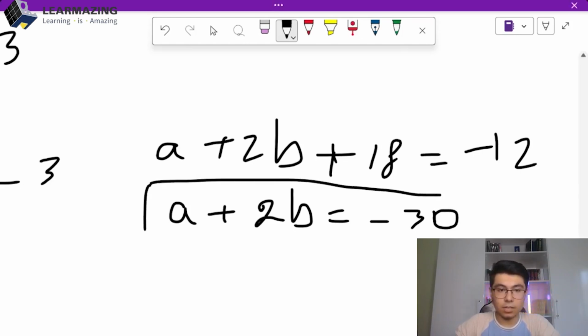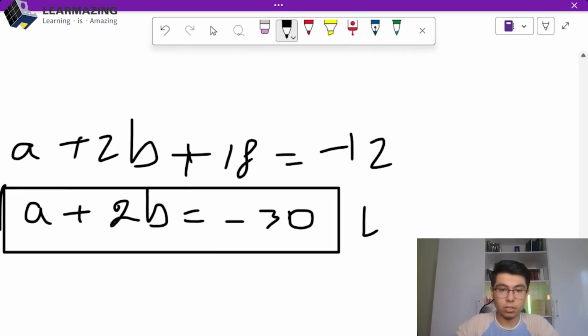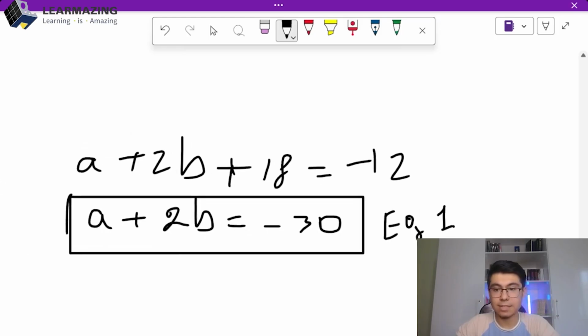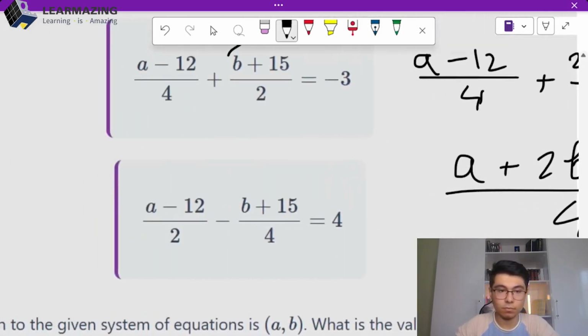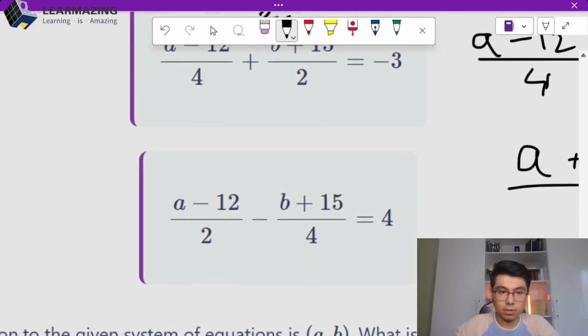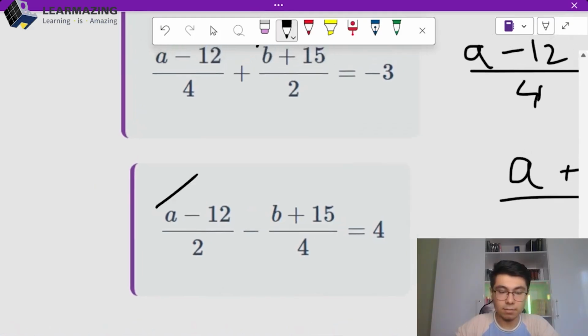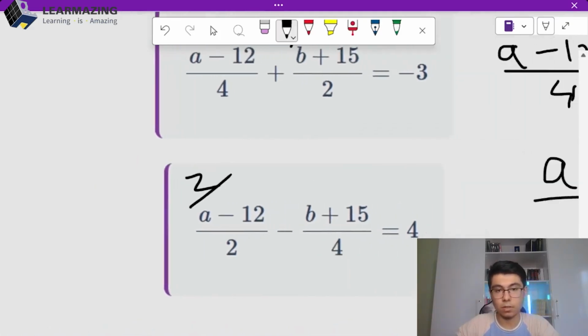So here we've got this simplified version of the first equation, equation 1. And now let's simplify the second equation. If you have the second equation, we can multiply this part by 2.